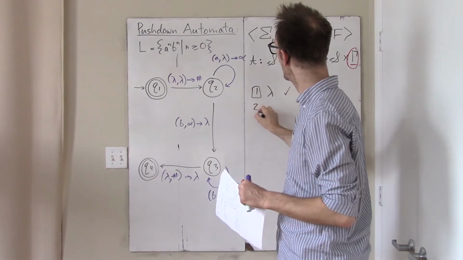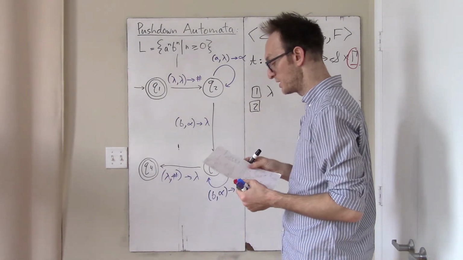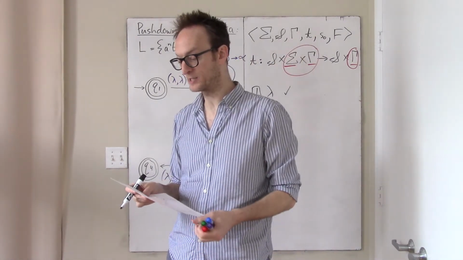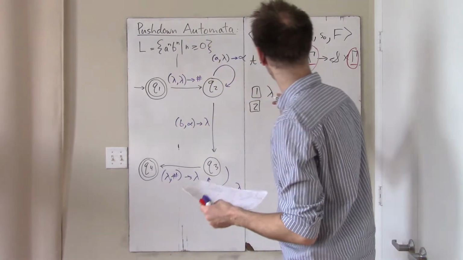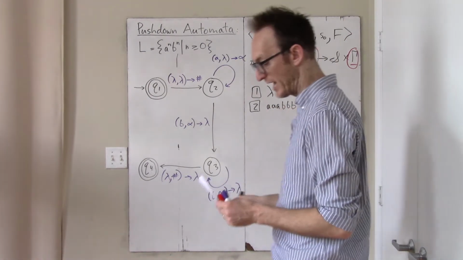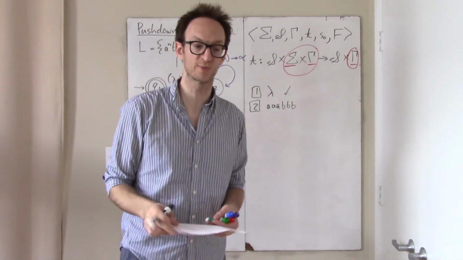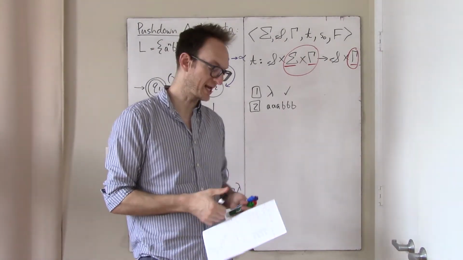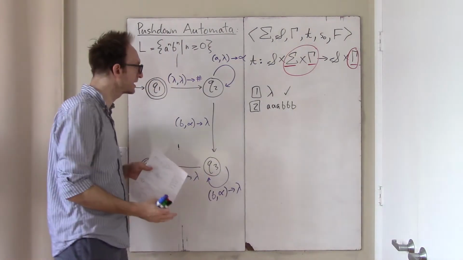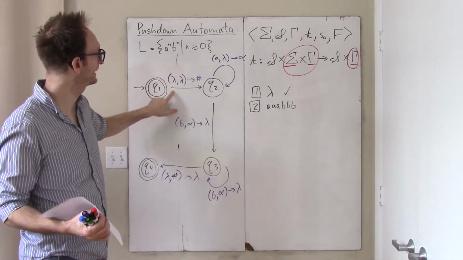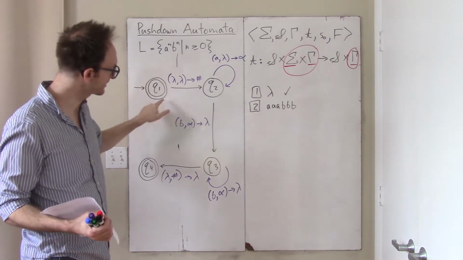Okay, let's take a simple string which should be in this language, like A, B, B, B. To make sure we understand the machine, let's trace this string. I think this part is maybe not so hard. We start at the beginning.